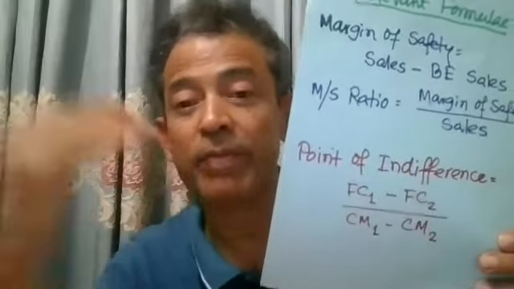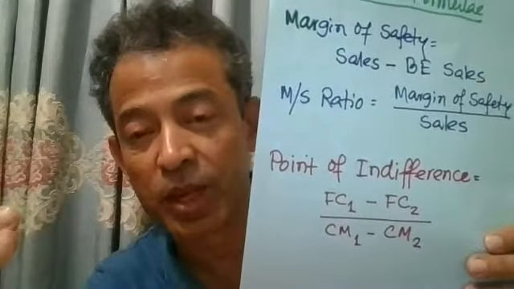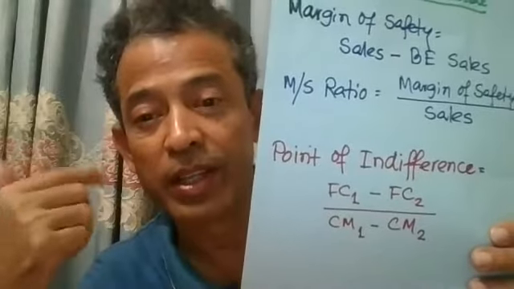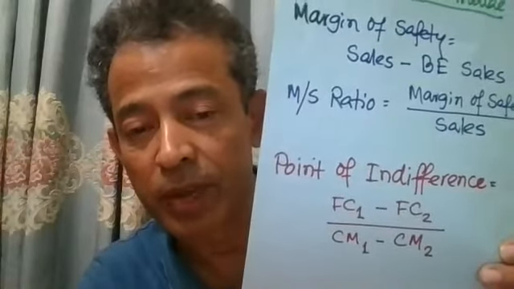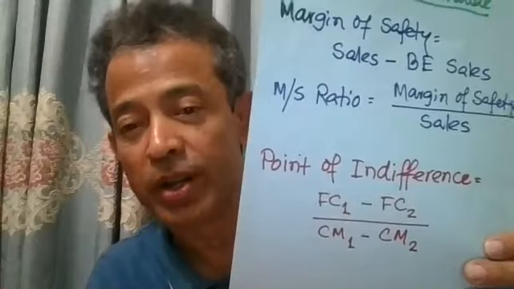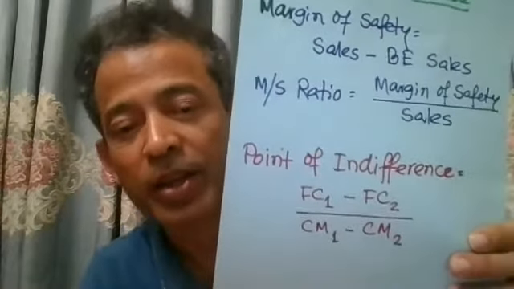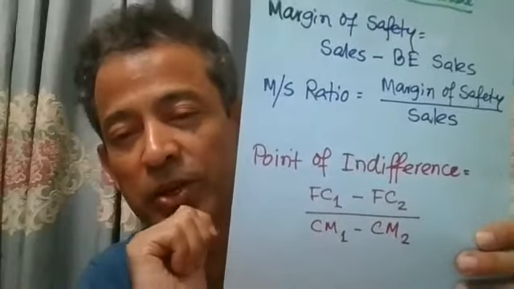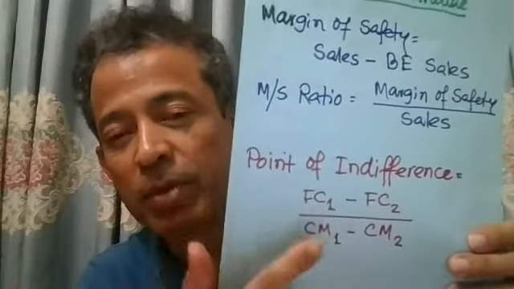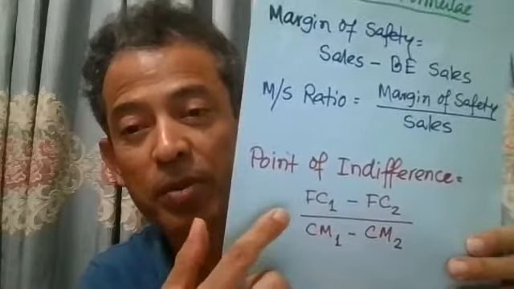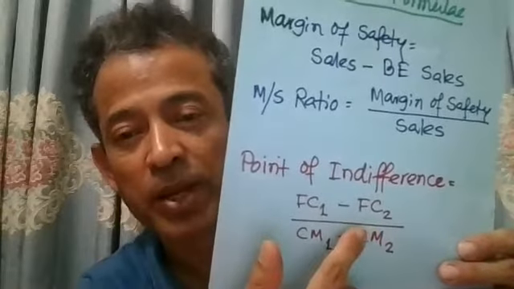And then above that unit, if you anticipate sales to exceed that unit, then go for the capital intensive plan, go for high fixed cost plan. And if you anticipate lower units in future volume and future demand, then go for the labor intensive plan. So the easiest way to calculate the point of indifference is FC1 minus FC2, means fixed cost under plan 1 minus fixed cost under plan 2.